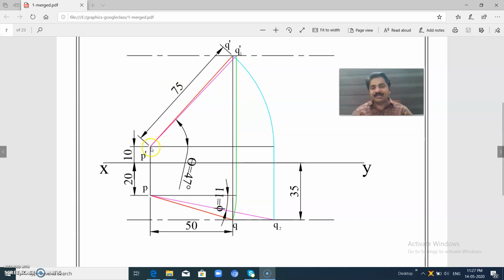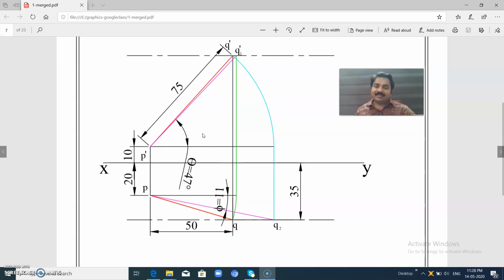So with P dash as center and 75 mm radius, we cut an arc on the projector drawn upward from Q at this point. This point is Q dash. So we get P dash Q dash as the front view and PQ as the top view. We got the front view and top view.